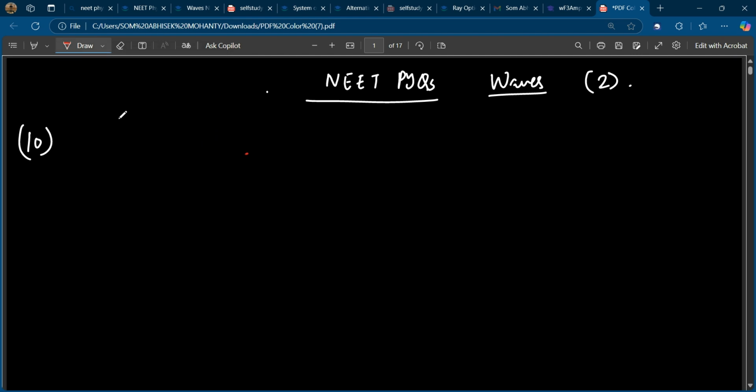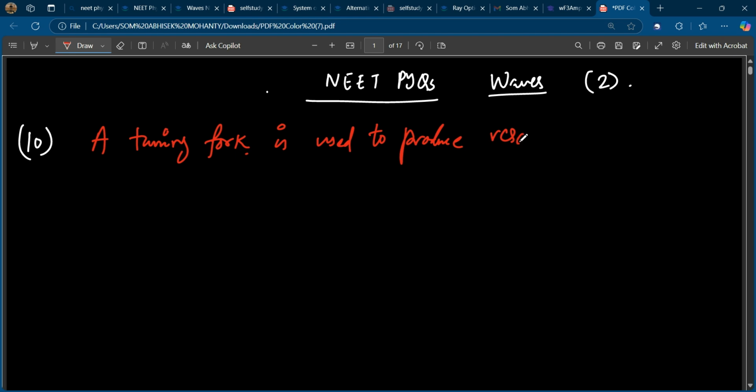A tuning fork is used to produce resonance in a glass tube.